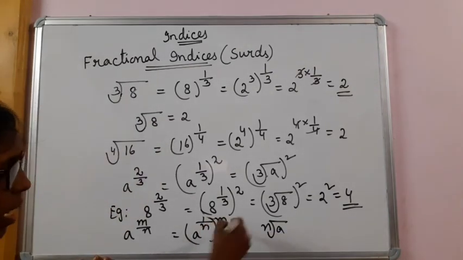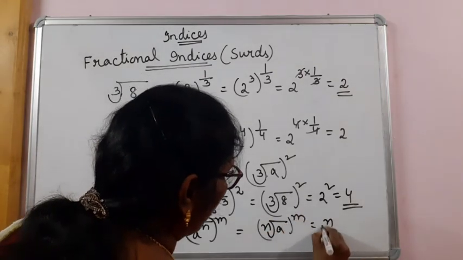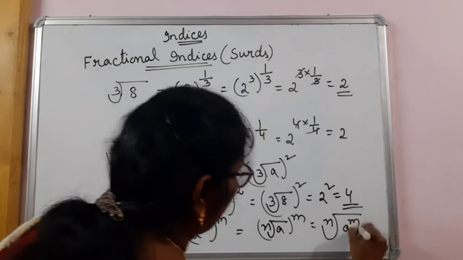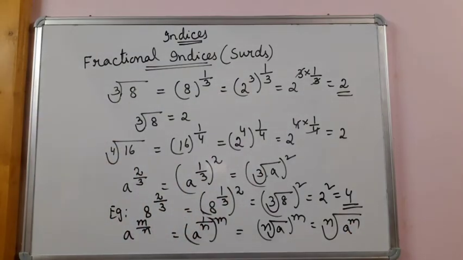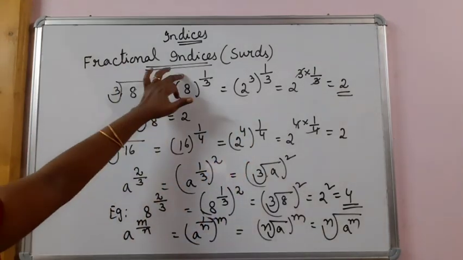So nth root of a, whole to the power m, we can write as nth root of a to the power m. I hope this is clear to you. So this is all about surds or fractional indices.